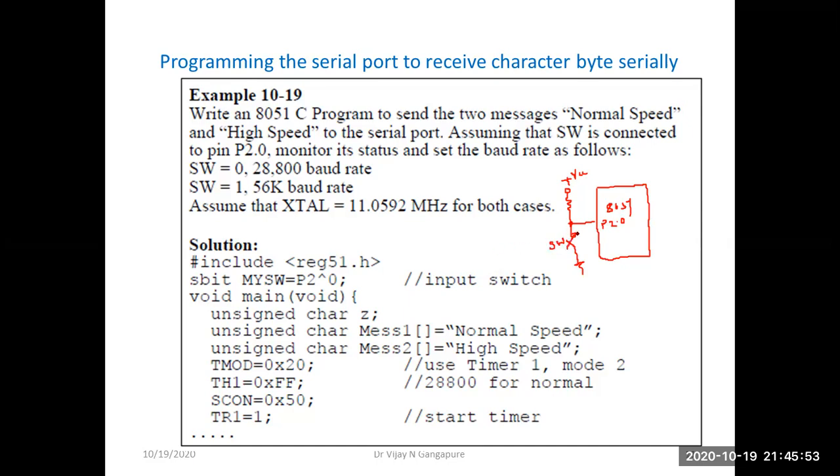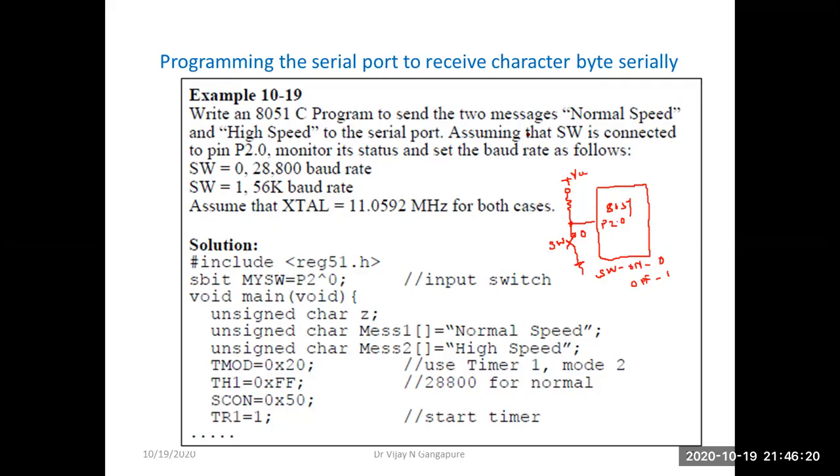If this switch is closed, it is 0, which means the switch is on, position 0. If the switch is off, it is position 1. So if SW is equal to 0, the switch is on, and we have to set the baud rate to 2880 bits per second. If the switch is off, SW is equal to 1, we have to set the baud rate to 56k. That is what has been asked.